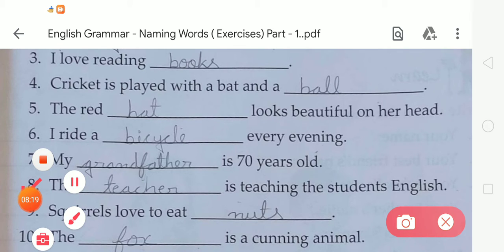So we have to write here: the teacher is teaching the students English. What is the spelling of teacher? T-E-A-C-H-E-R, teacher. So number 8 is: the teacher is teaching the students English.